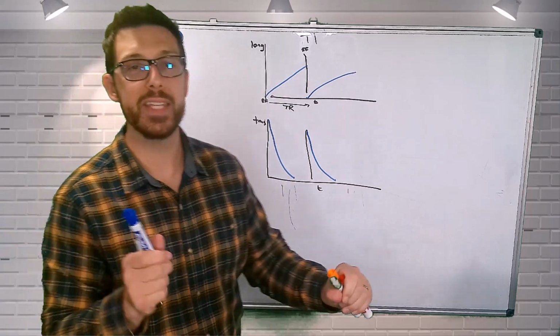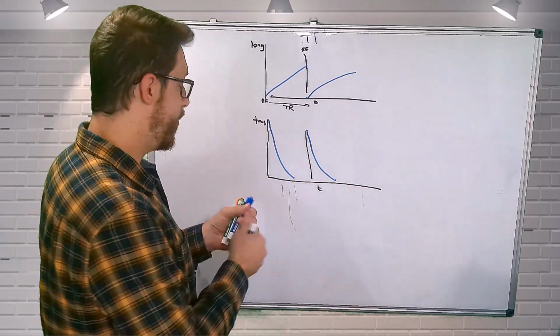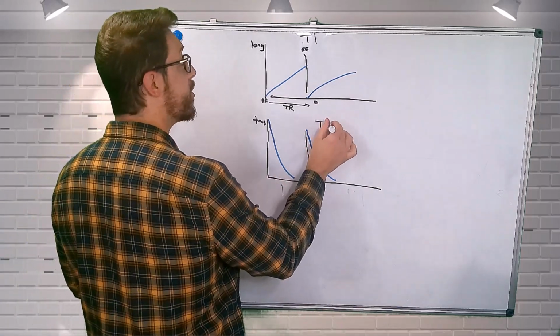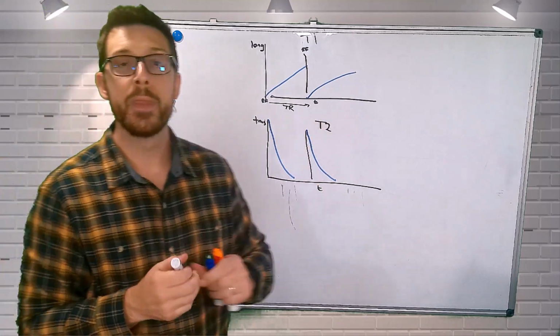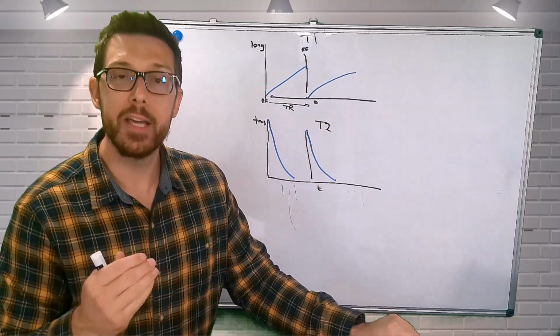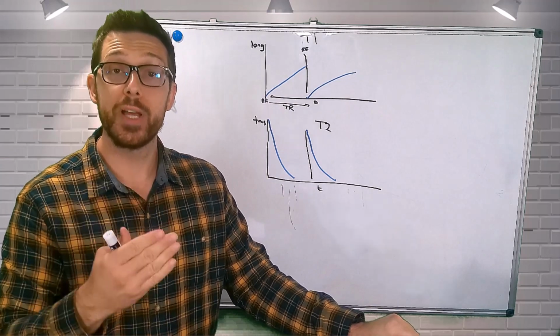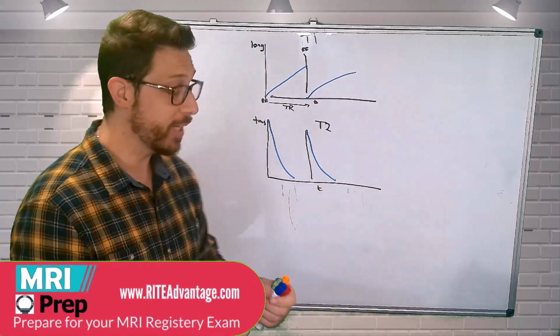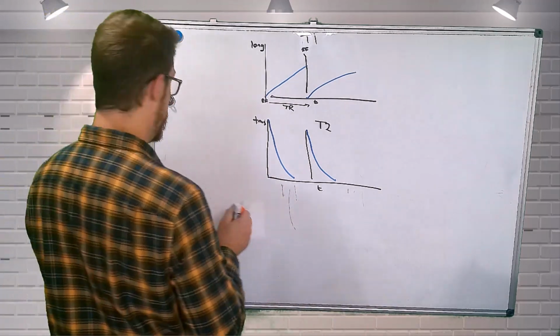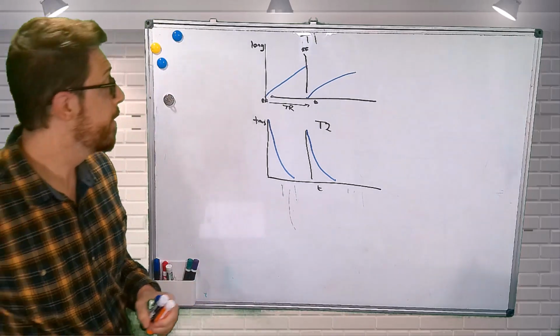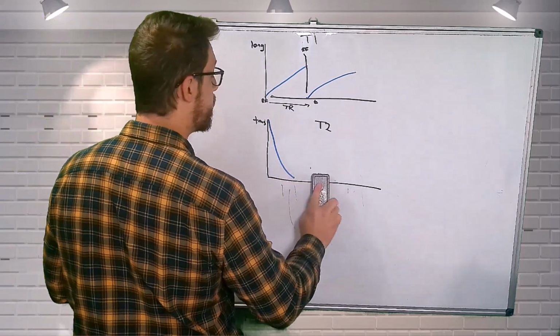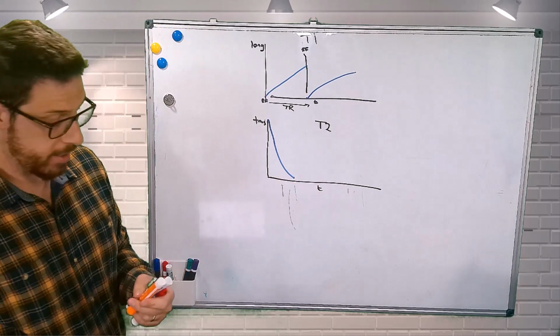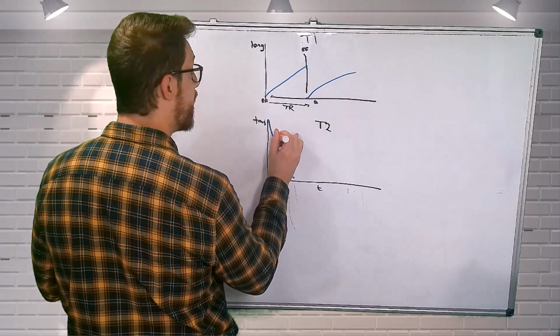Now, something interesting happens. If we're looking at this decay of transverse magnetization, or T2 contrast, we want to understand that after every TR, we're losing this transverse magnetization, and we call that free induction decay. So I'm going to erase this for now, and write free induction decay.